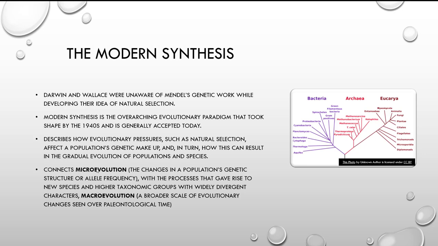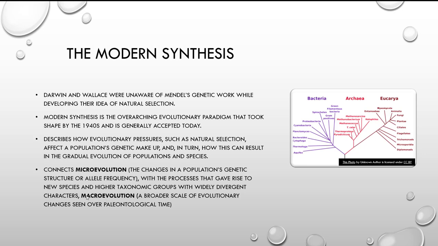So the microevolution level is at the population level, just small changes over time. The macroevolution level is speciation. These changes get to the point where the populations have diverged to become so different that they can no longer interbreed, so they're no longer the same species.